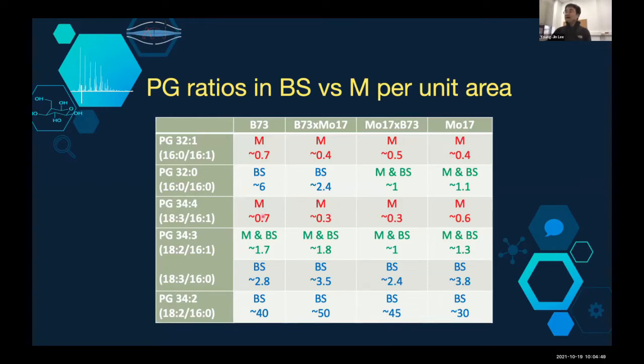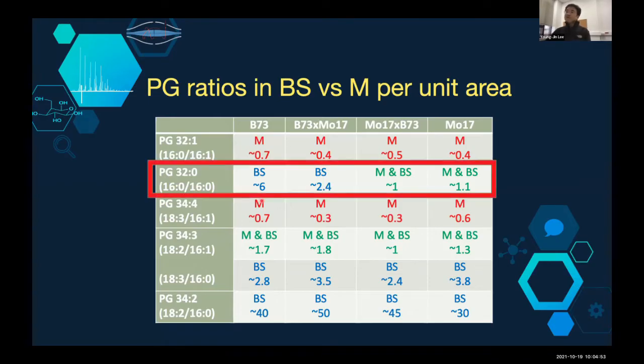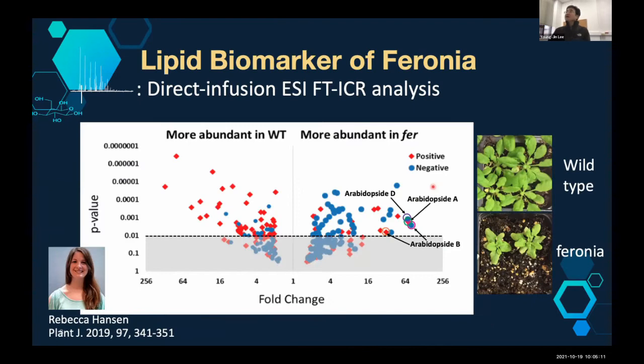Most of them don't show much difference, but for PG 32, B73 and B73 by Mo17 are more abundant in bundle sheath, while Mo17 and Mo17 by B73 are more or less homogeneous. This is the kind of information you can get using the mass spec imaging technique. Another application that I would like to share is an application to Peronia as a lipid biomarker analysis.